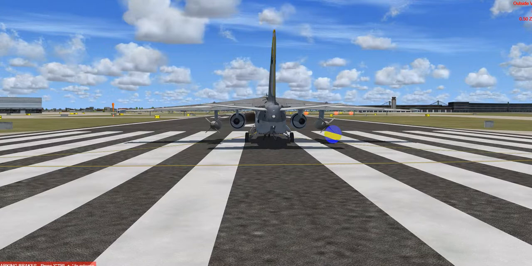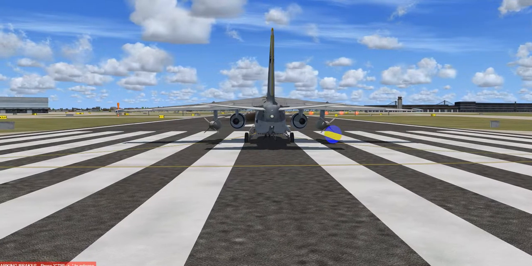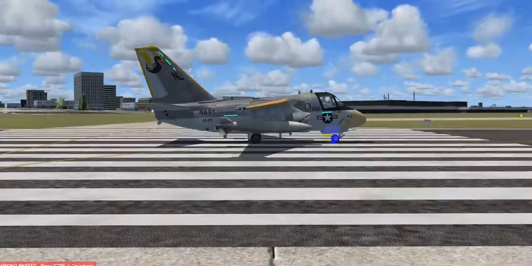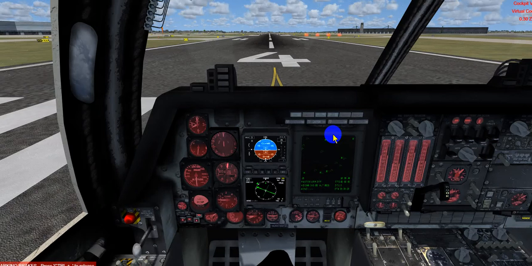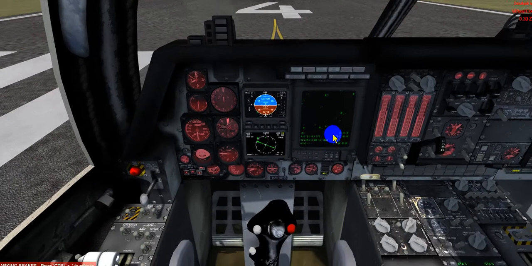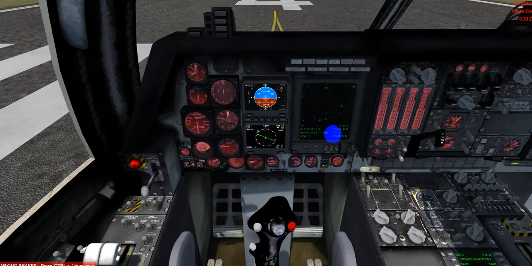So, in order to generate lift, we have to increase our angle of attack, and we do that by pulling back on the control stick or the control yoke. So you can see the yoke coming back. In order to take off, we're going to have to pull back on this control yoke and then the nose will go upward, and we'll be good to go there.